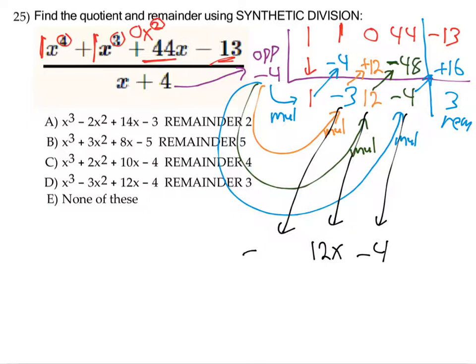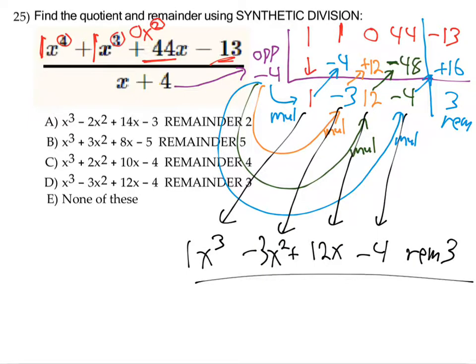And this will be minus 3x squared. And this will be 1x cubed, remainder 3. Right, it just goes up in power. We start with the minus 4, and then it just goes x to the first, x to the second, x to the third. So x cubed minus 3x squared plus 12x minus 4, remainder 3. There it is, D. We got it.